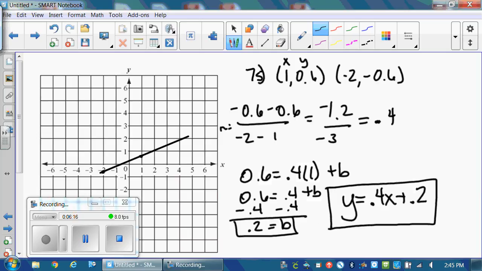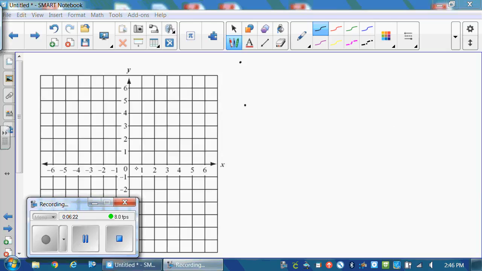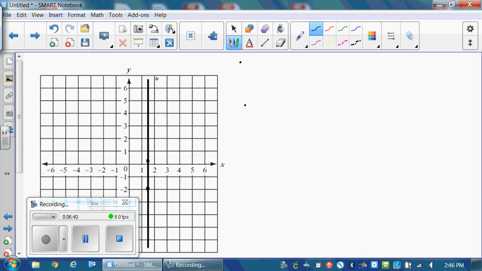Let's look at number 80. Number 80 is the same kind of deal. The points are (1.5, -2) and (1.5, 0.2). So this particular line is a horizontal line, I mean a vertical line. I said that wrong. It's a vertical line.